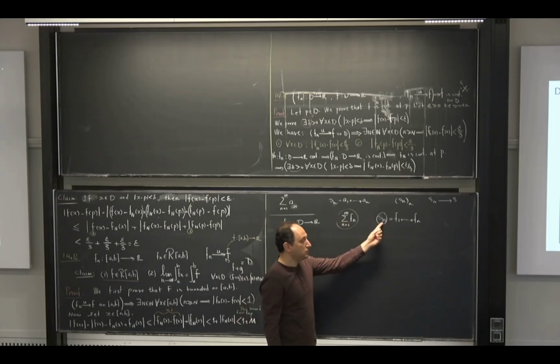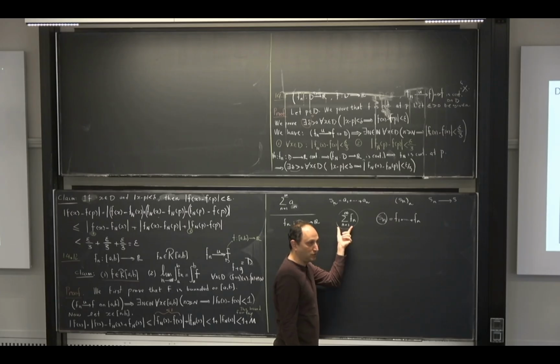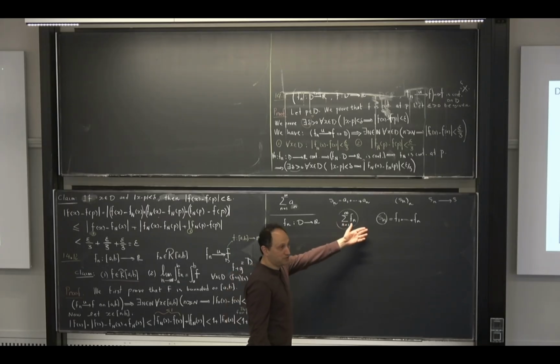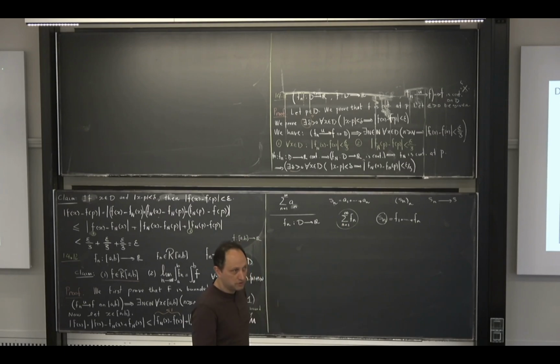Or the new sequence of functions can converge uniformly, and in that case I go back and say that the series also converges uniformly. So this is a very simple task. We just translate it to the sequence of partial sums, and then we do everything we did before for this new sequence. Is that right?